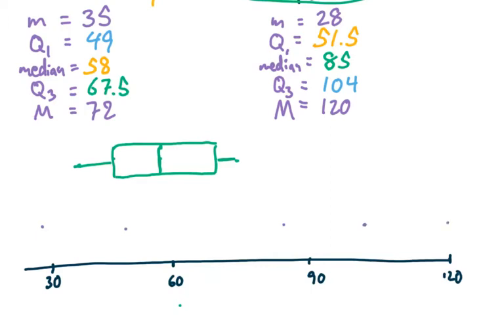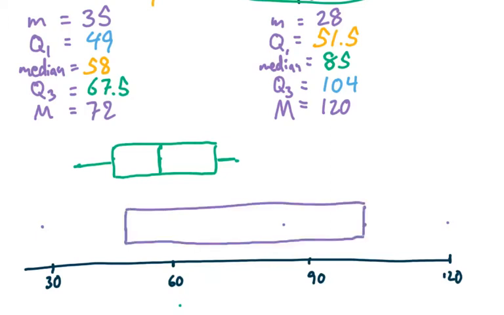We construct a box whose vertical sides are at Q1 and Q3. There's the bottom and the top. Then we draw a vertical line through the median, and then draw lines extending from the sides of the box out to the lowest value and the highest value.